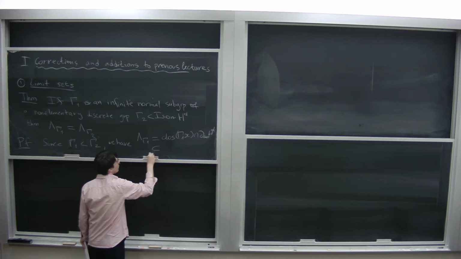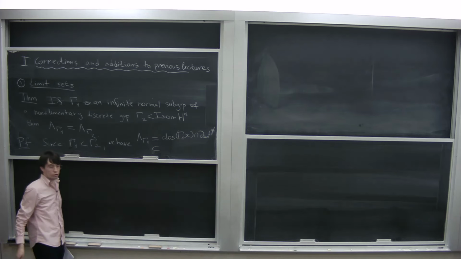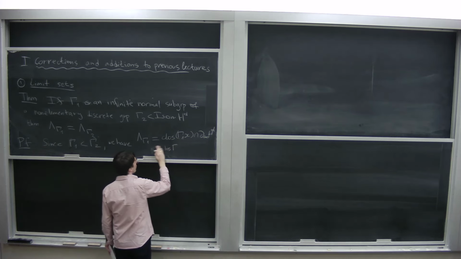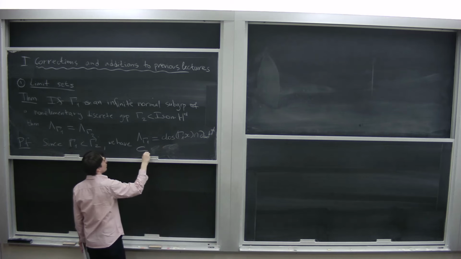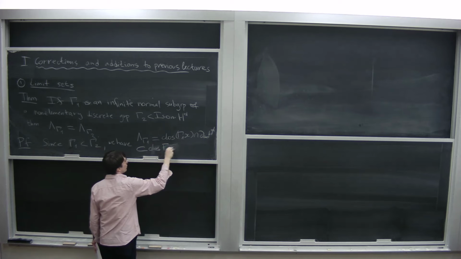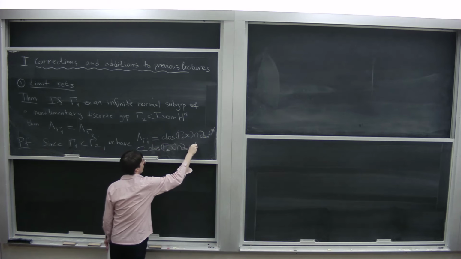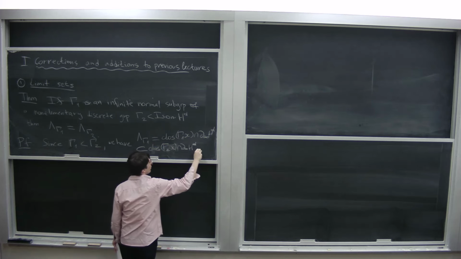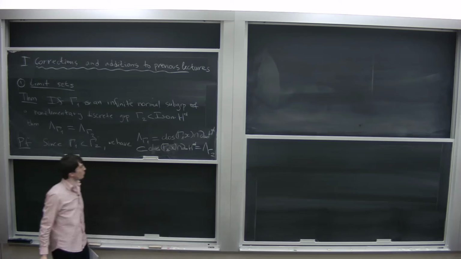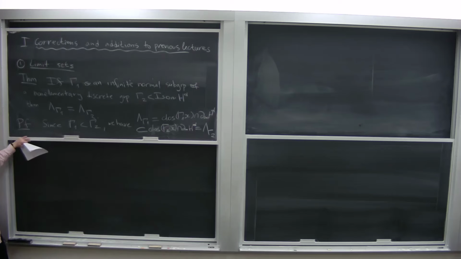This is definitely a subset of the closure of the gamma 2 orbit, since gamma 2 is larger, intersected with the boundary. And this is the limit set lambda gamma 2, right? So lambda gamma 1 is contained in lambda gamma 2.